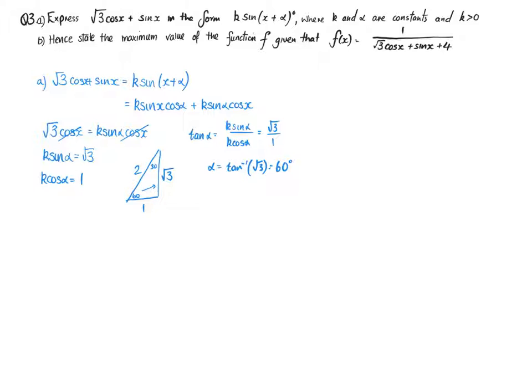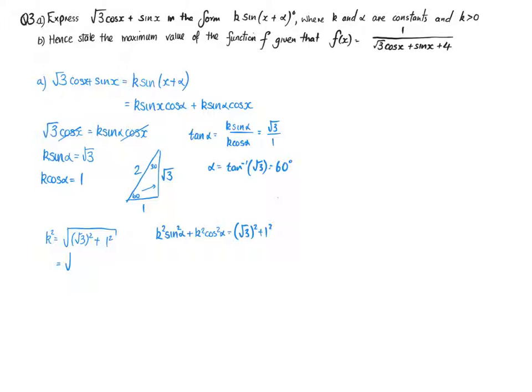Okay, and then for finding our k, we know k squared is equal to the square root of 3 squared plus 1 squared. Okay, that's kind of cutting it short, but we know that k squared sine squared alpha plus k squared cos squared alpha equals the square root of 3 squared plus 1 squared, and then it kind of ends up as this.